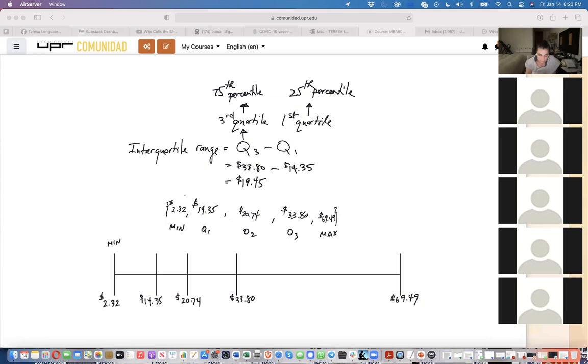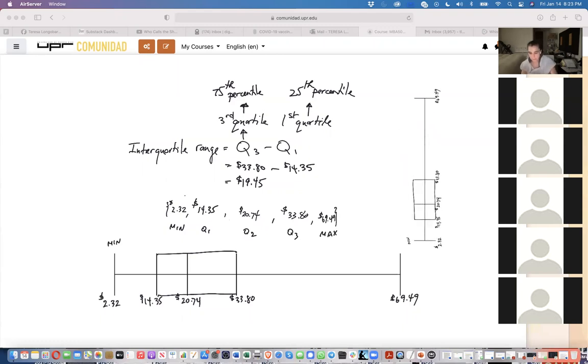So I put it to scale as much as possible, and then what I do is join that. So this is actually the box plot, but on its horizontal axis. If I took this and flipped it, you see, it looks like the box plot.